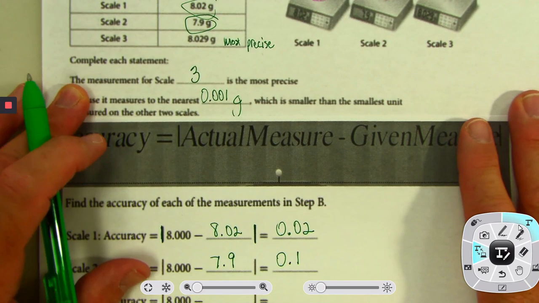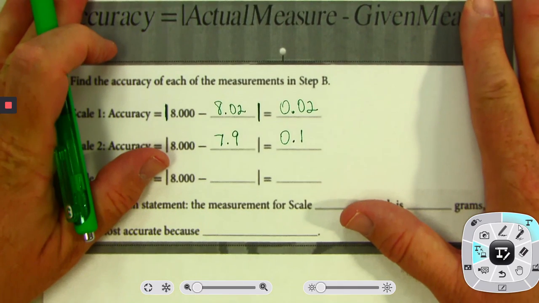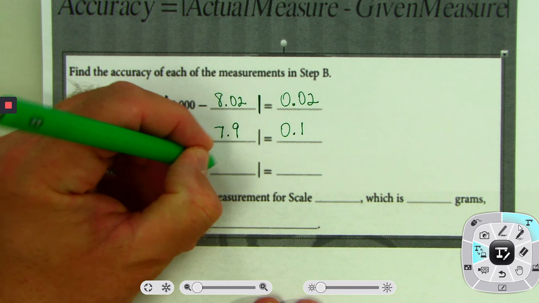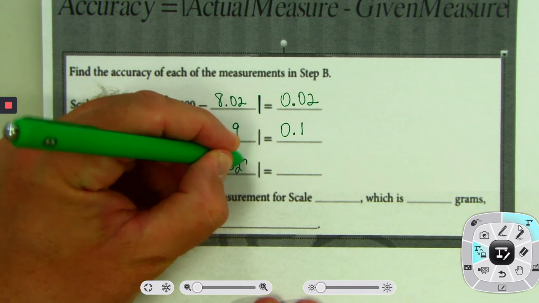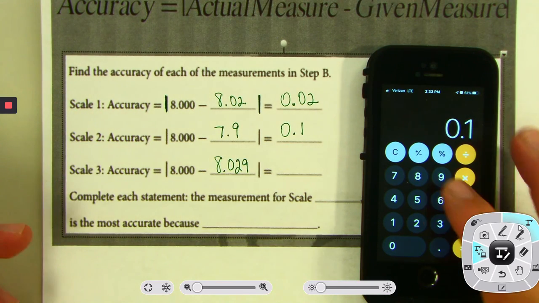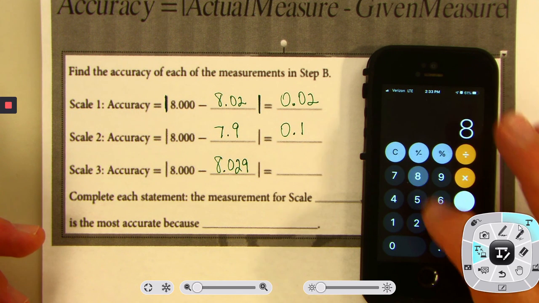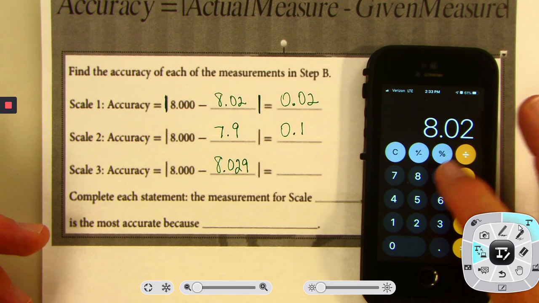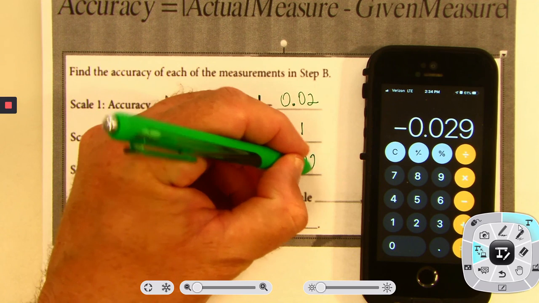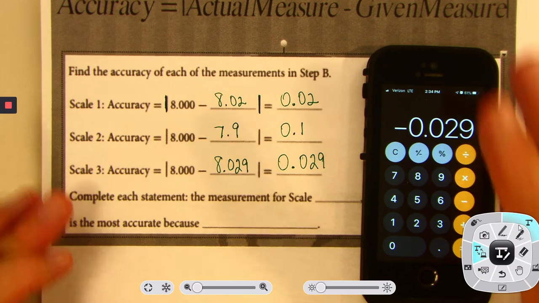When we weighed the weight on the third scale, we got 8.029 grams. So back here, we'll take 8 and subtract from it 8.029. And we'll get 0.029. Now, notice I got a negative, but again, absolute value, not going to worry about that.